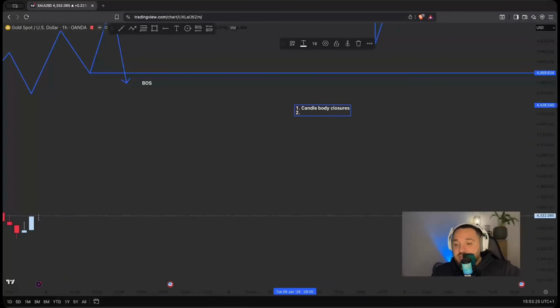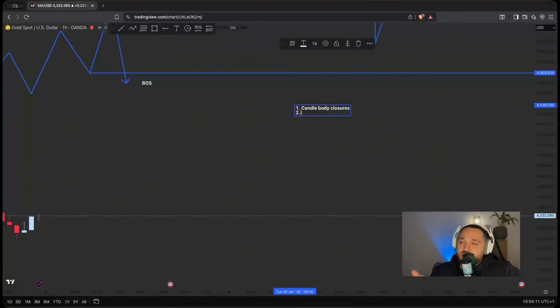Meaning that if the 1-hour time frame gave me a bearish break of structure, but the 4-hour is still bullish as it is still open, I would need to wait for the 4-hour time frame to close and also confirm my bearish break of structure for me to be able to drop down to the lower time frames and take my entries.